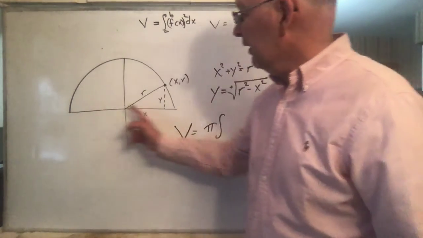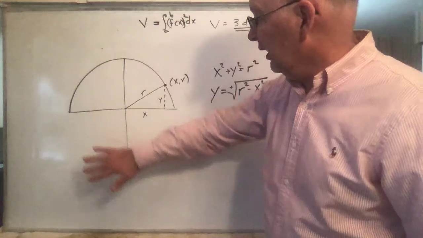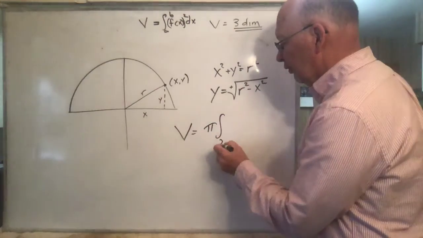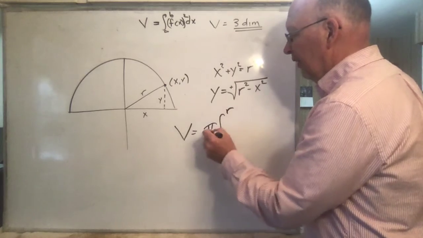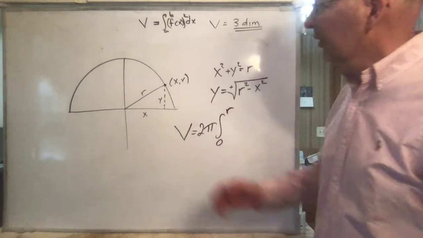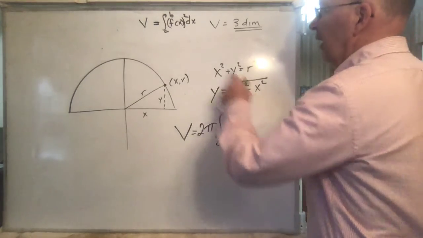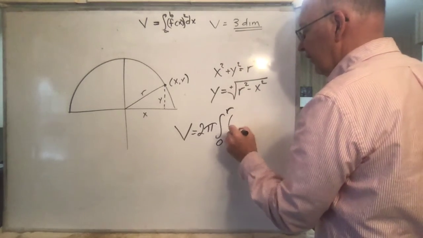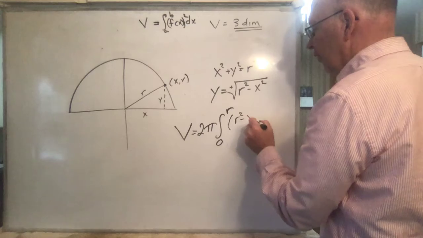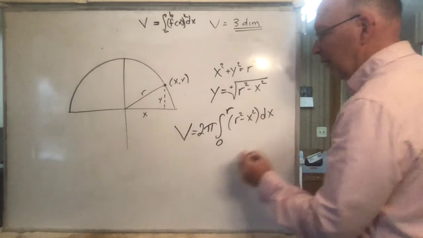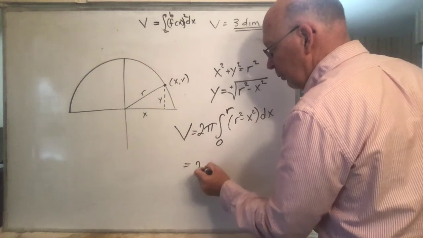I can go from negative r to r and get this whole thing, but why not save a little time and just go from 0 to r and then double it, right? Use some symmetry there. So I'll double it, and then I square this function. That's going to be easy. If I square it, I'm just going to get r squared minus x squared, and then dx. Look how easy that is. It's going to be 2 pi.